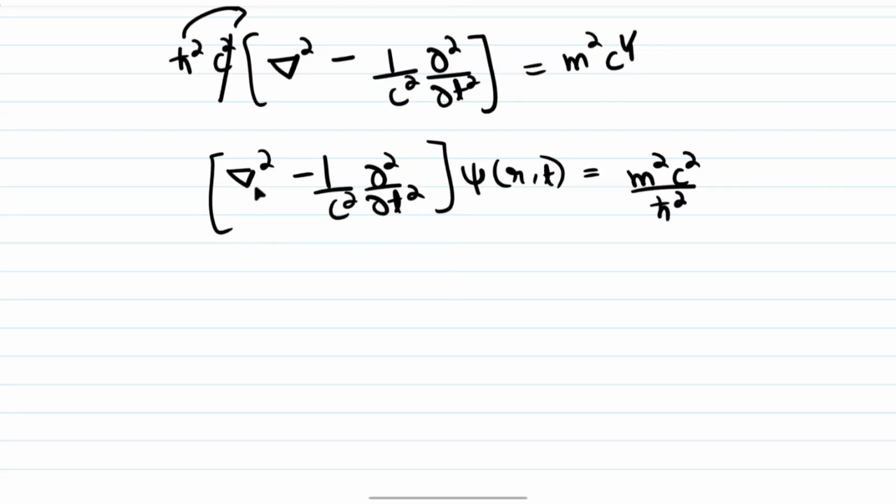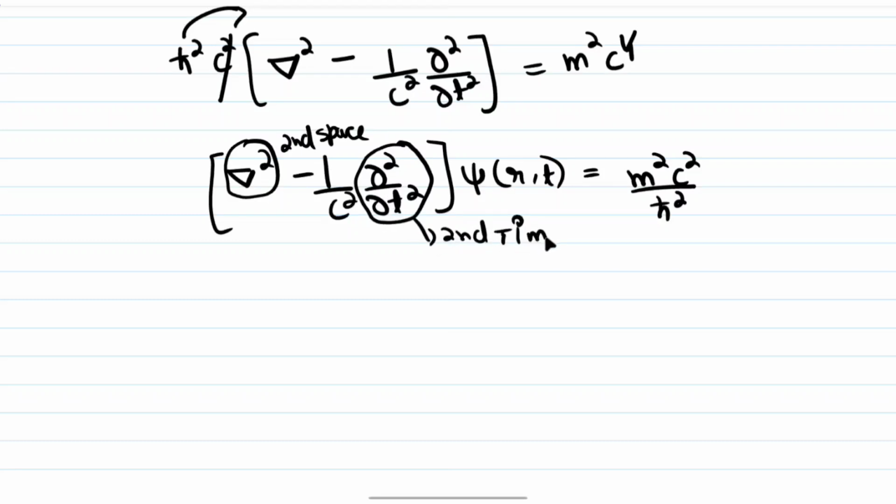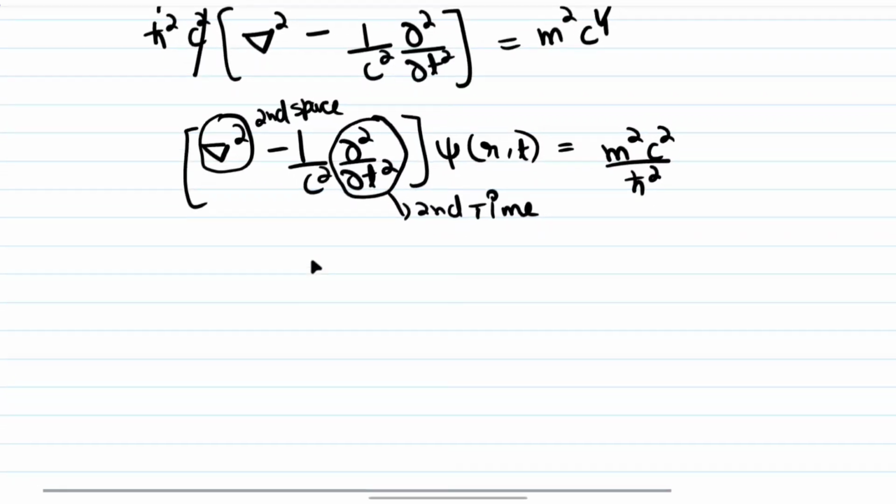Now we can observe that del square is second order in space, and dou square by dou t square is second order in time. So both space and time are of the same order, and we can say this equation is a relativistic equation.